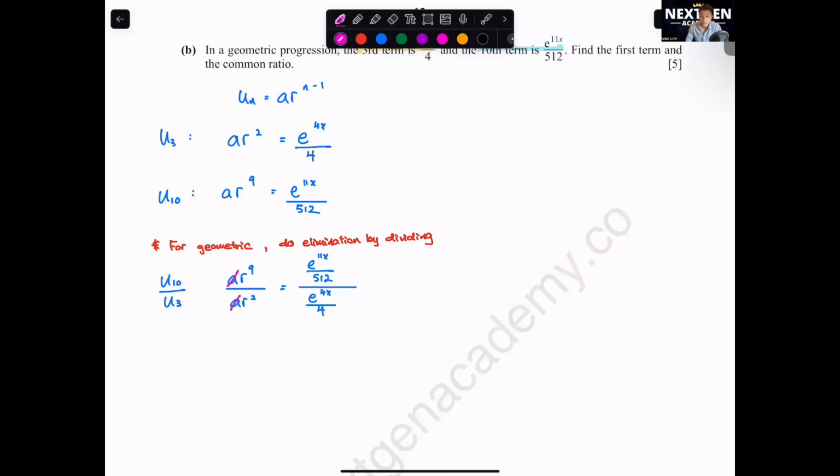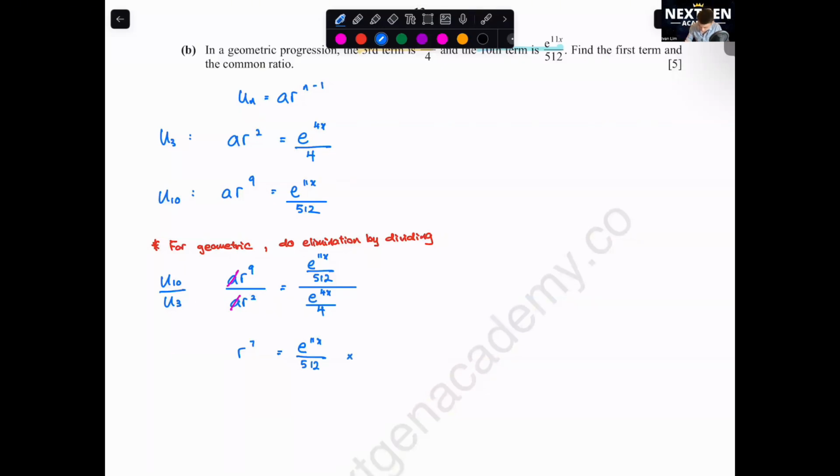I want to get rid of the a. ar to the power 9 divided by ar to the power of 2, we get r to the power of 7. Then over here, how can I write it nicer? This one we write as e to the power 11x over 512. When I divide a fraction, I need to change to multiply the inverse, right?